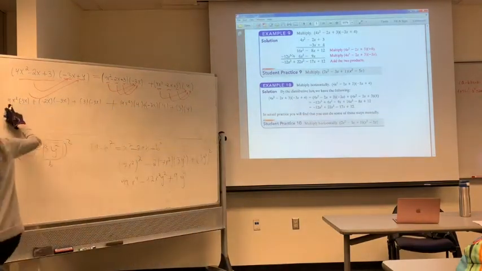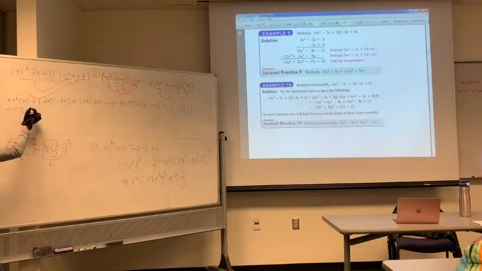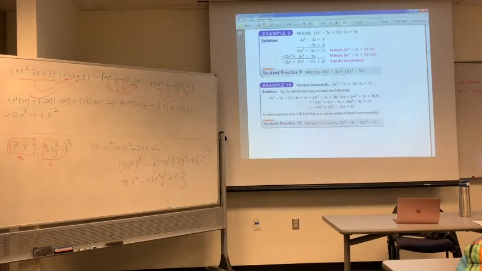So now 4 multiplied by negative 3 is negative 12, x squared multiplied by x is x power 3, plus 6x squared, plus 6x power 2, right?